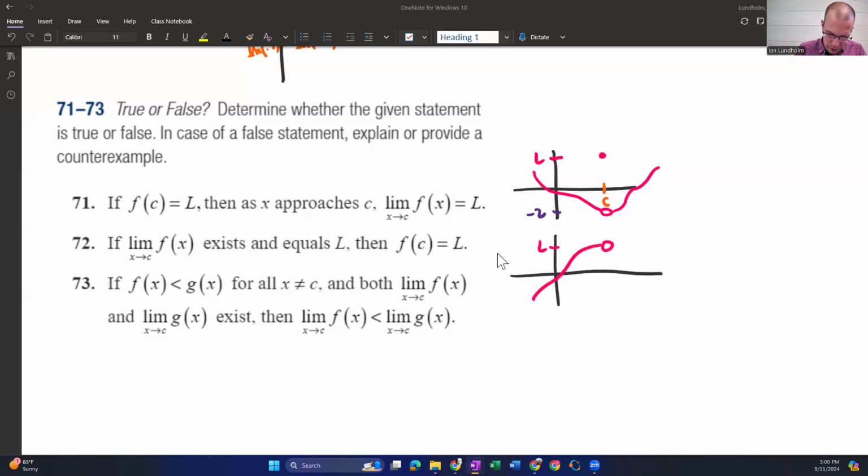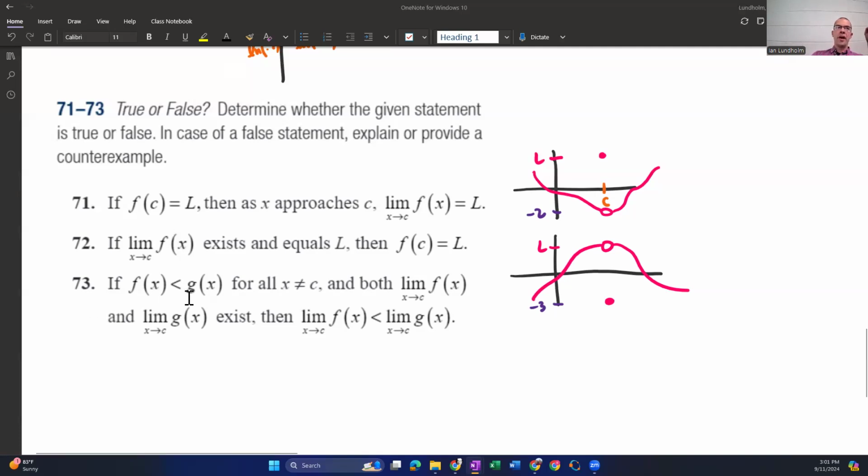Here, we're going to make the limit at L, but f of c could be somewhere else. Maybe down here at -3 this time. So it is possible for those things to be different when the function is discontinuous. Both of those things are true when the function is continuous at that point. Okay.